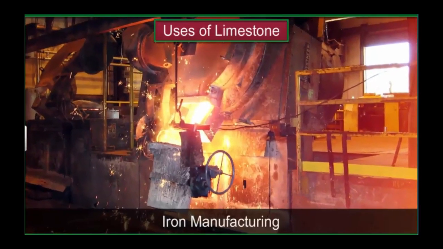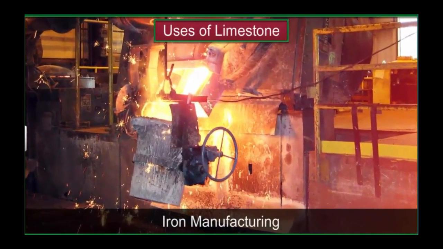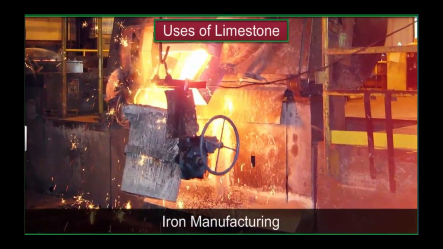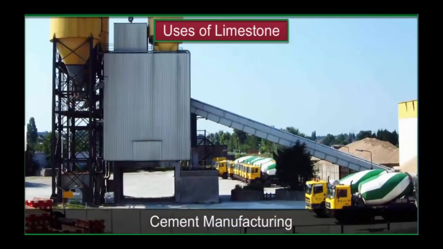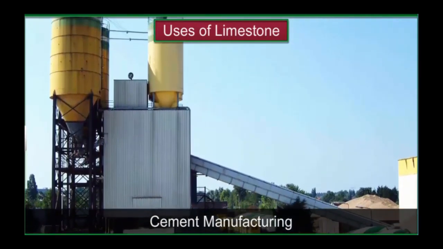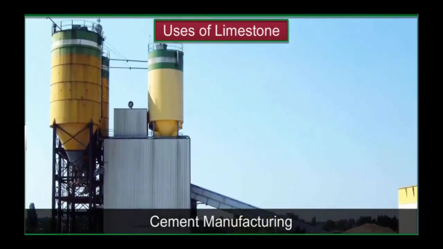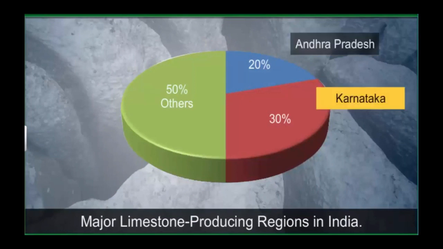Limestone is mainly used in smelting iron ore in the blast furnace for producing raw iron. Limestone is also an important ingredient in the manufacture of cement. Andhra Pradesh is the main limestone producing state in India, followed by Karnataka and others.